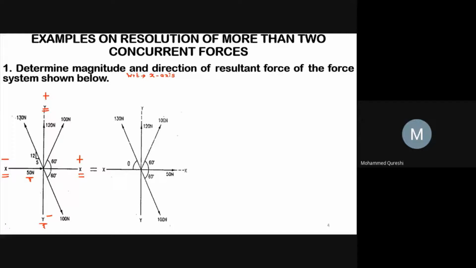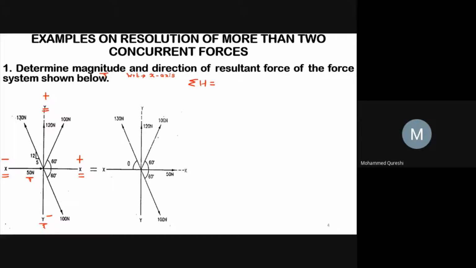concurrent forces. So now we have to find the magnitude of the resultant force. Means we have to use the formula capital R equals under root of sigma h square plus sigma v square. So for this we will first need sigma h and sigma v. So first of all we will calculate summation of all the horizontal forces.